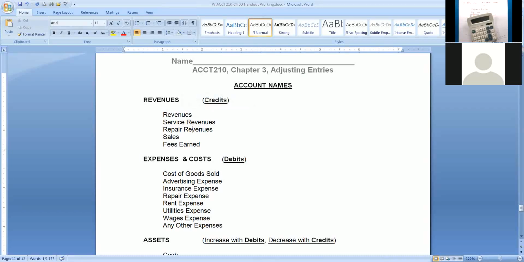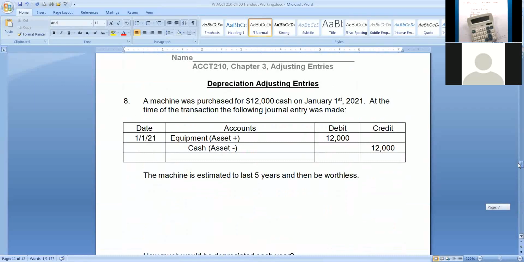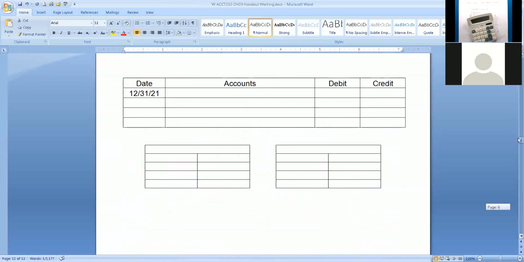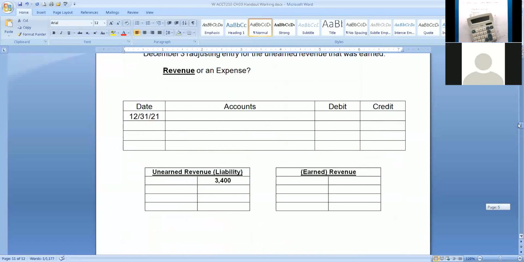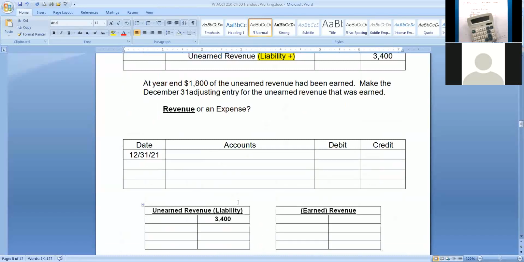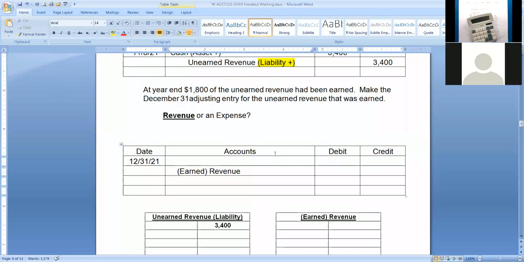So the revenues are going to be credits. So the earned revenue, and again, you don't have to put this in there, by definition it is earned. How much of the revenue do we earn?